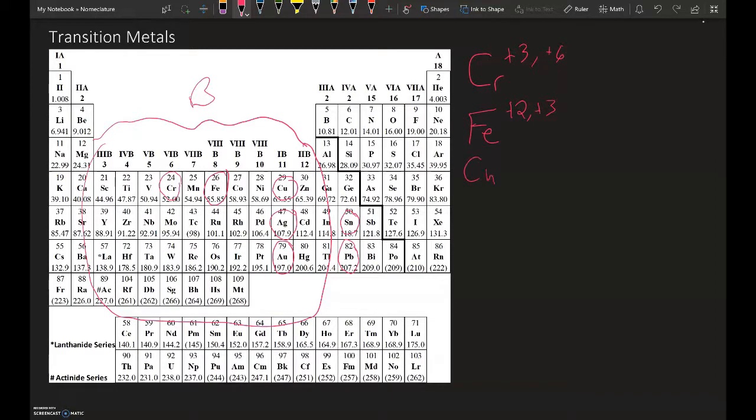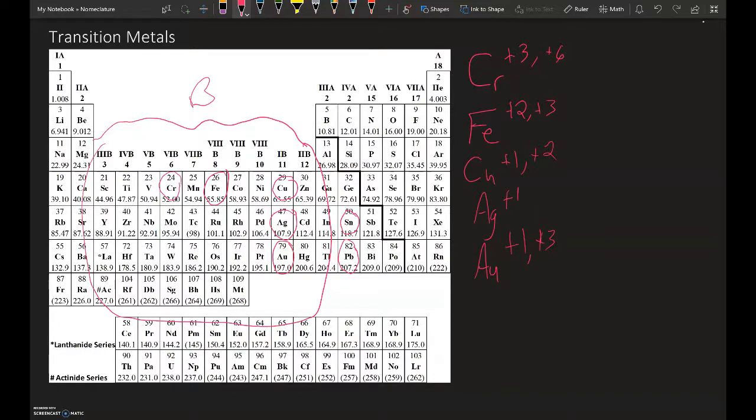Copper has an oxidation state of +1 or +2. Silver is unique in the fact that it only has +1 oxidation state. Gold, you rarely will work with gold, but it's good to see the pattern here. Gold is +1 or +3.